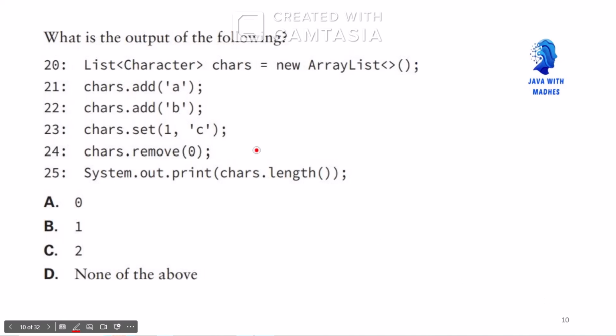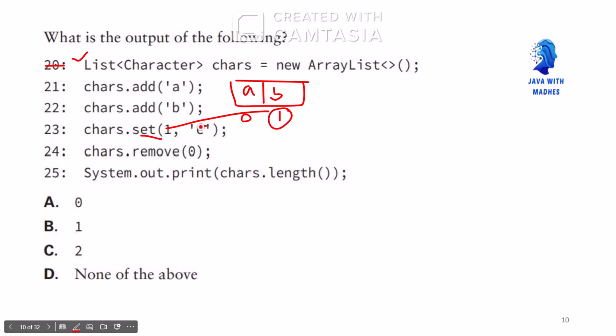This is a very tricky question. Okay. So we will analyze the code from line number 20. The syntax of line number 20 is perfect. Then we are adding A. Then next we are adding B. And in the line number 23, using set method, I am replacing the value in index 1 by the character C. So this B will be replaced by C. Okay.